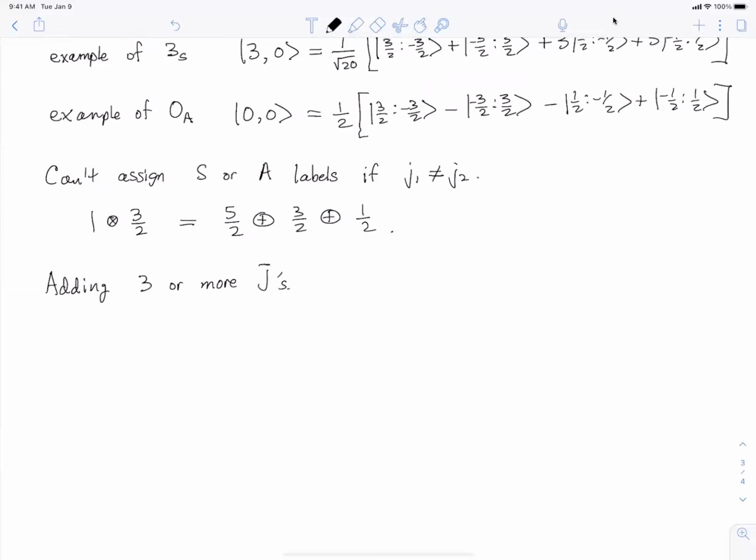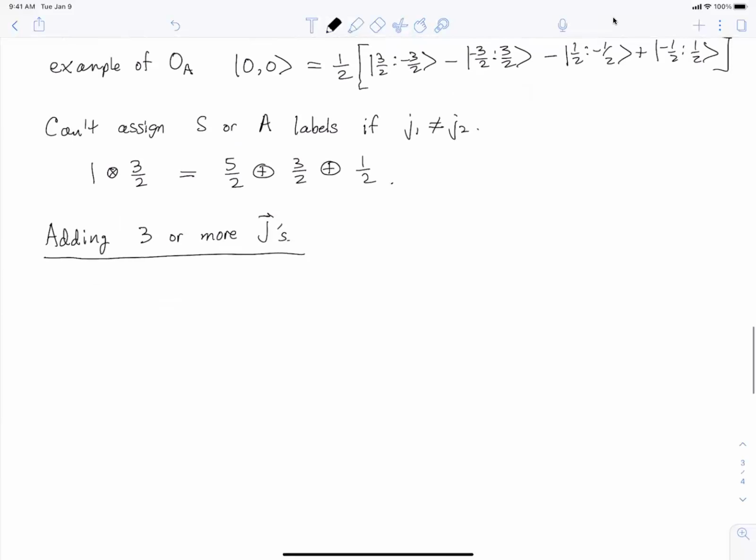And really what that means, when I say we're adding 3 or more angular momenta, is that we can find an orthobasis either for all of the m values of the individual angular momenta, or we can find a basis that is an eigenstate of the total angular momentum j squared and its m value. And then there's some way to work out what the coefficients are between those two basis sets of states.